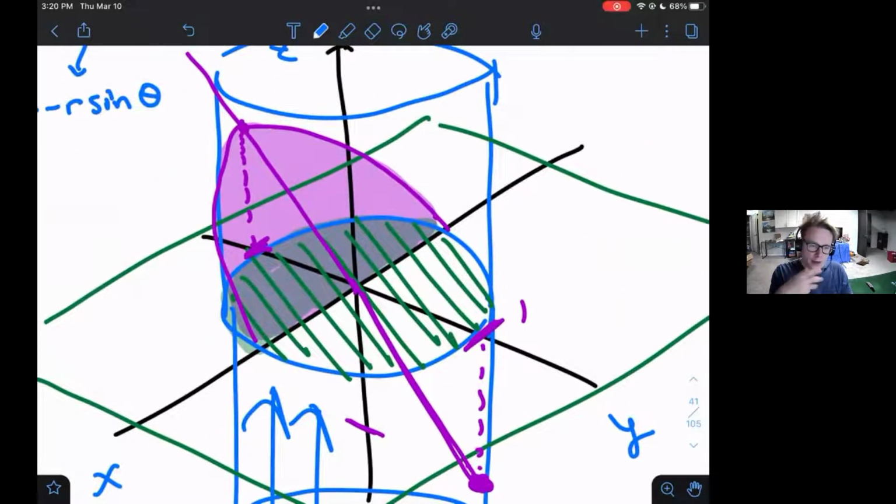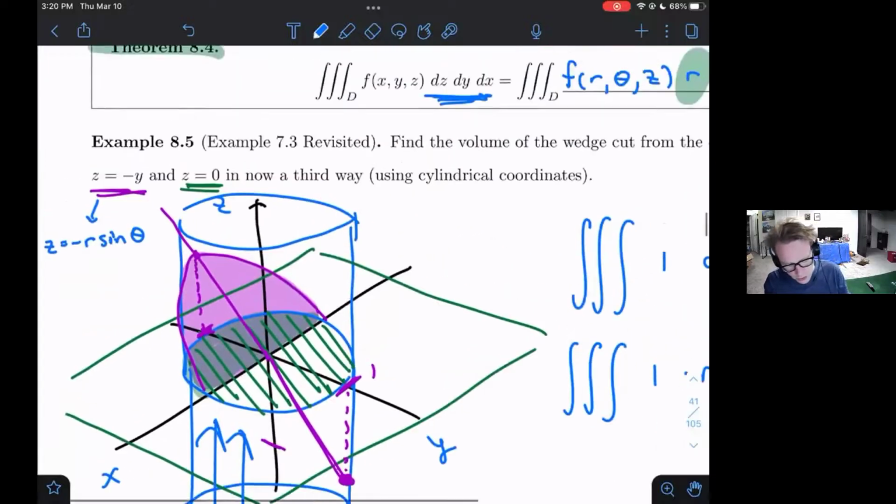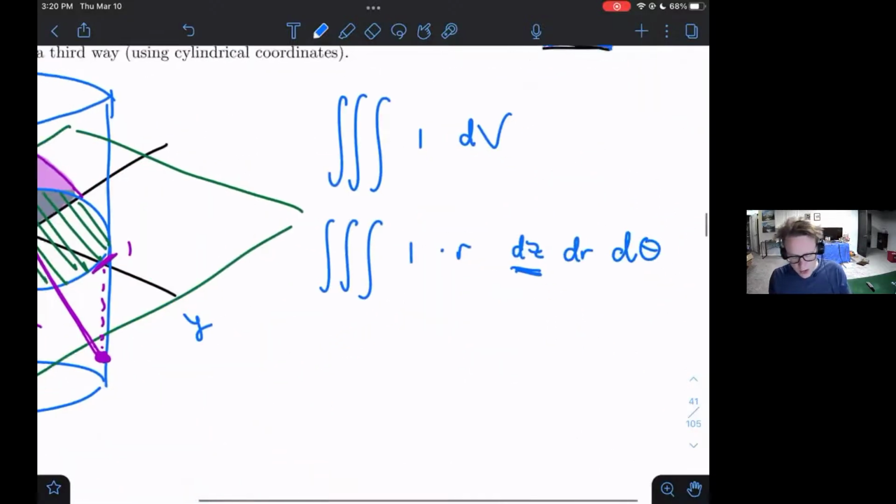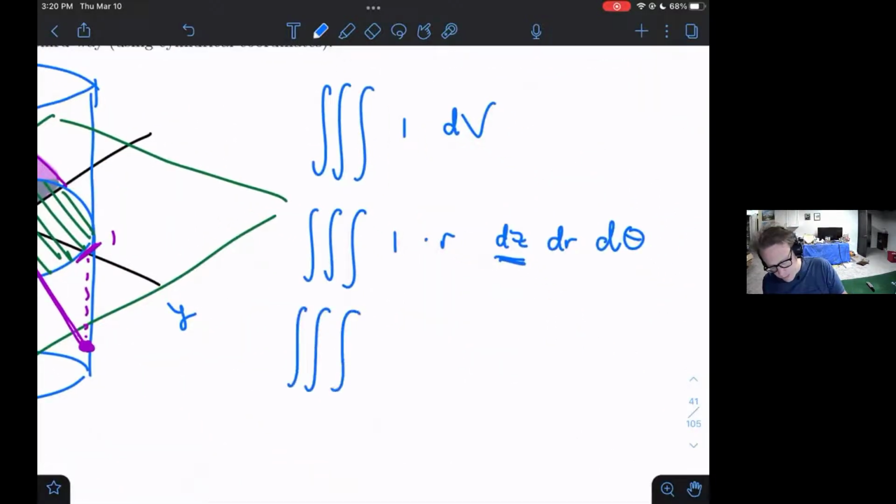This green surface is how I enter the solid, and the purple surface is how I exit the solid. The green surface had z equals 0, and the purple surface had z equals negative y. So if I set this up, we enter through z equals 0, and we exit through z equals negative y.